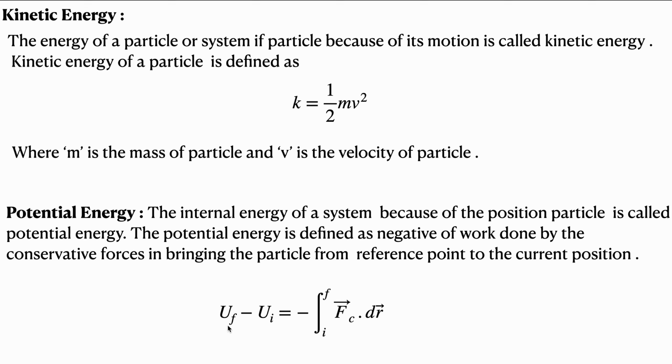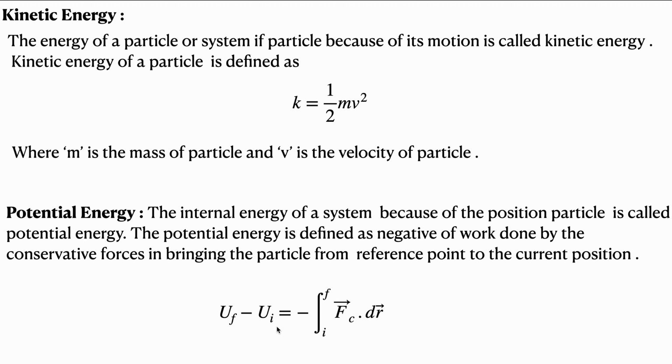So the potential energy at final position with respect to initial position is minus the integral from i to f of F_c dot dr. We can see that the potential energy term on the left hand side denotes the change in potential energy.